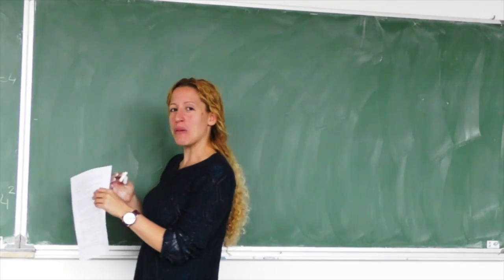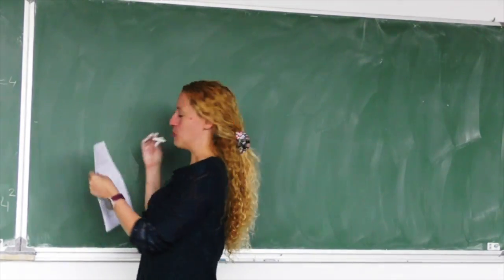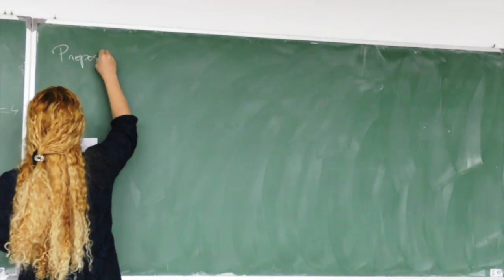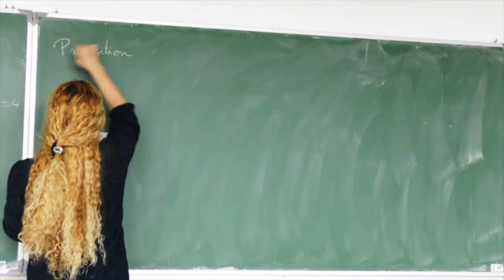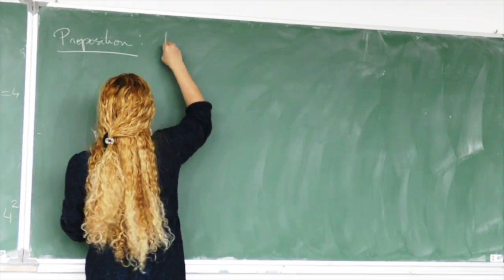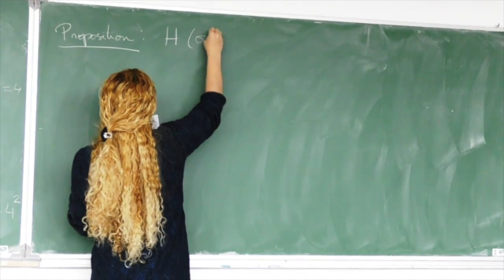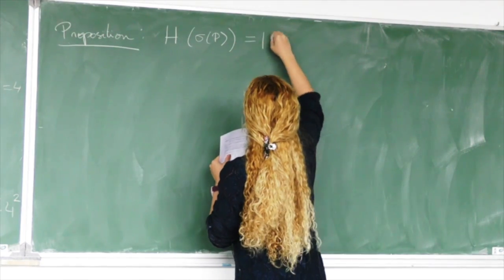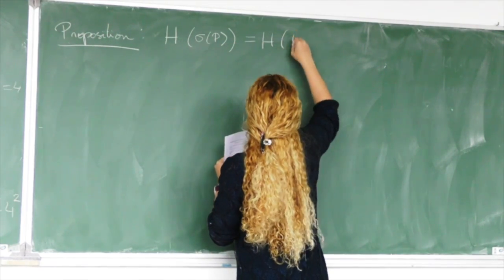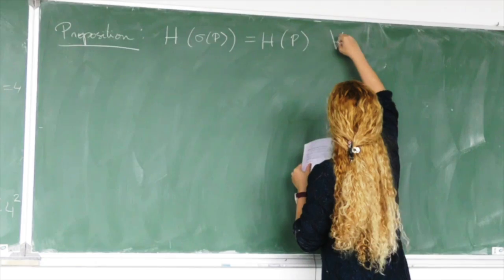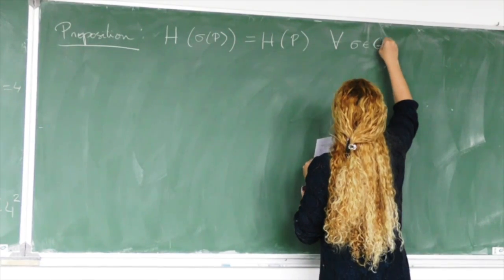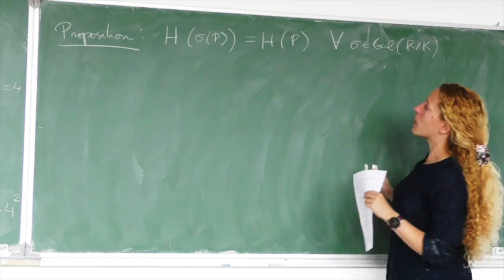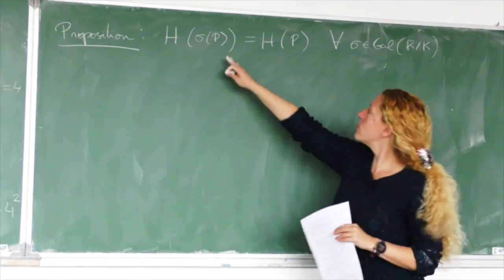I guess maybe you already guess what the solution is. Proposition: the height of the conjugate of a point is actually equal to the height of the point, for all sigma in the Galois group of K-bar over K. So, we have this equality here.